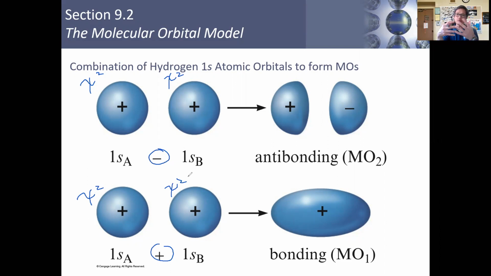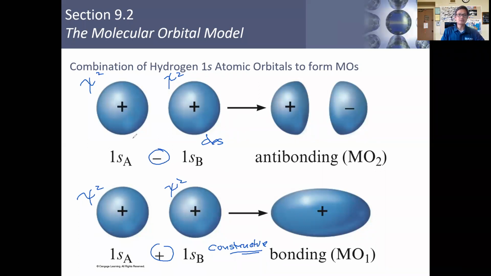And when you combine waves together, remember, they will either combine constructively, so this is your constructive, if you add together, and this will be destructive. That's how you can think about how the positive and negative signs come into play.